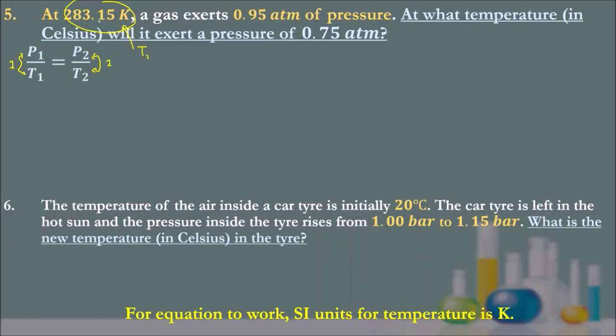If we look at T1, that is 283.15, 0.95 is our P1, and 0.75 is our P2. So what we're looking for is temperature T2. Rule number 1 when it comes to doing calculations in chemistry or physics is to substitute the numbers into the formula.